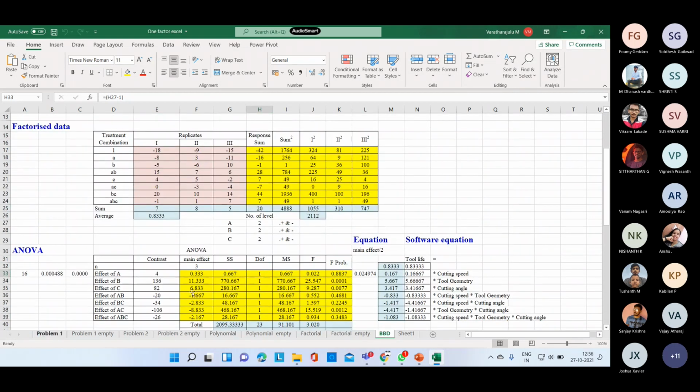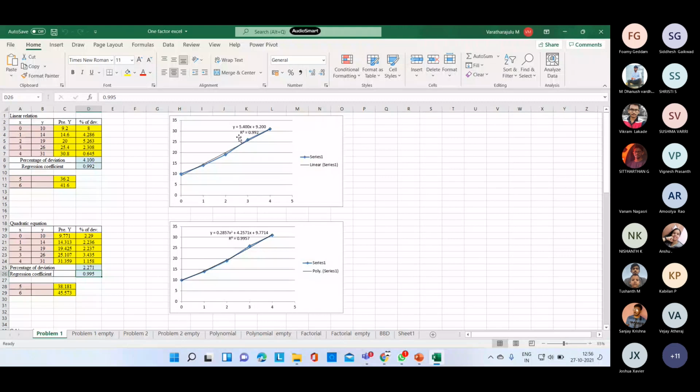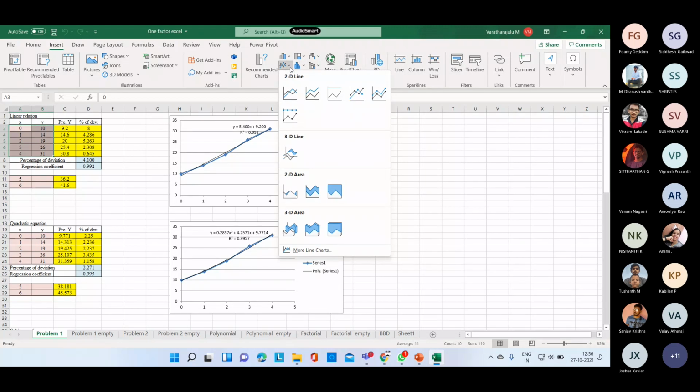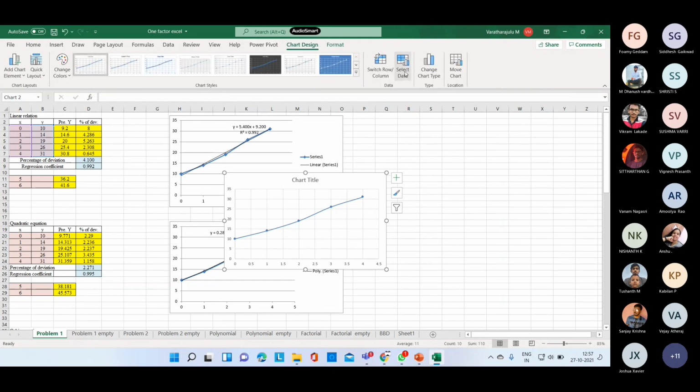Yes, we can do the mathematical model through Excel. See, this is the linear regression model. If we have a set of data, we can build the mathematical model directly from Excel. Insert, and do a scatter diagram. Build a scatter diagram, and in that you can have a model.